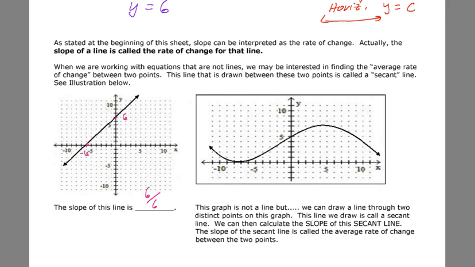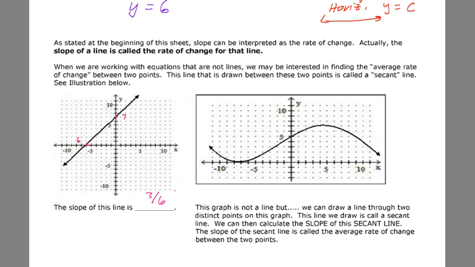Let me count that again. 1, 2, 3, 4, 5, 6. Well, that is at 7. Uh-oh. You're going to get aggravated with me. That is at the point 7, and that is at the point 6. So I didn't miscount. Okay. The rise is 7, the run is 6. So it's 7 over 6.